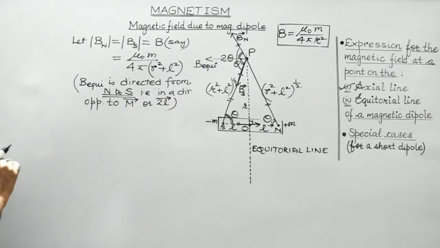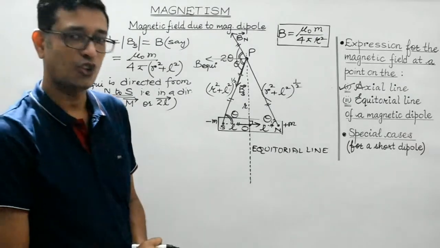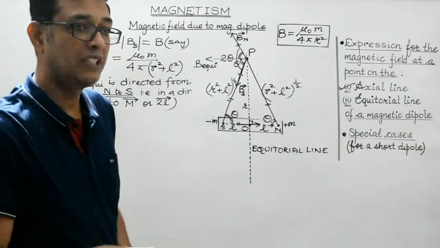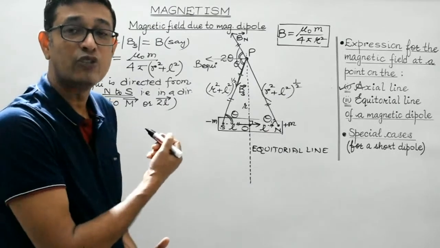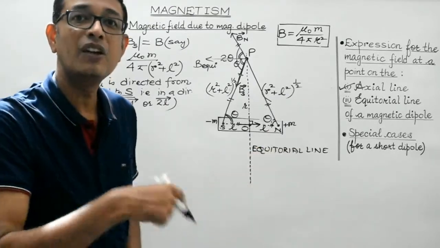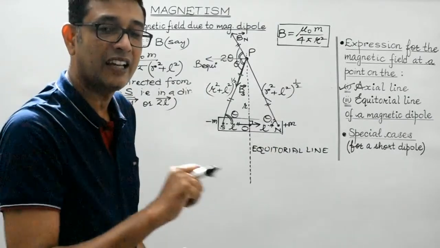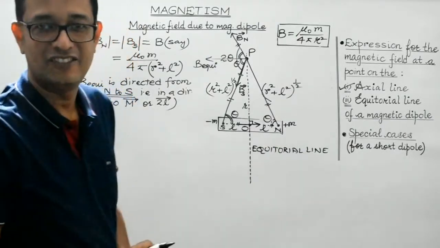So do remember this. B equatorial is always opposite to the direction of M vector and 2L vector. So what will be the angle between B equatorial and M vector? It should be 180 degrees. What is the angle between B axial and M vector? It will be 0 degrees, right?